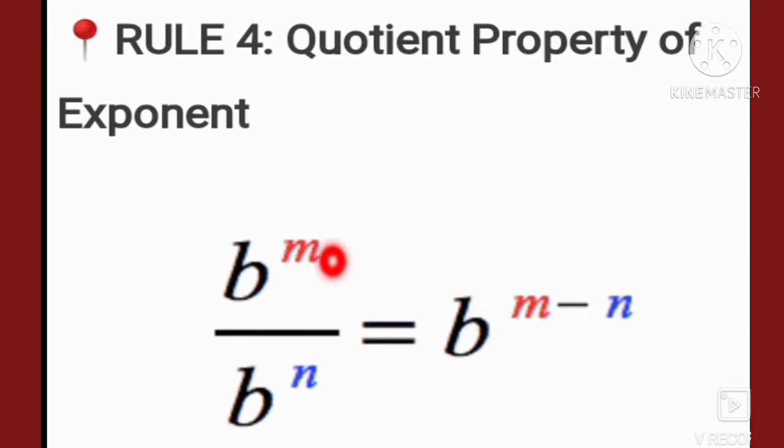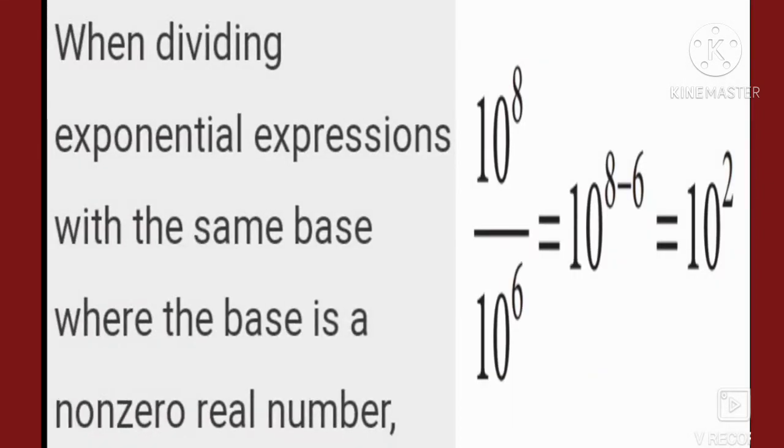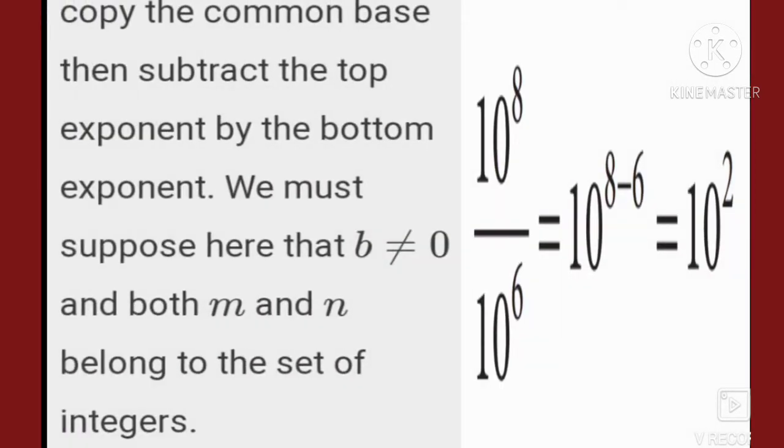of these two exponents. For example, 10 to the power 8 divided by 10 to the power of 6. When dividing exponential expressions with the same base, where the base is a non-zero real number, copy the common base. Then subtract the top exponent by the bottom exponent.